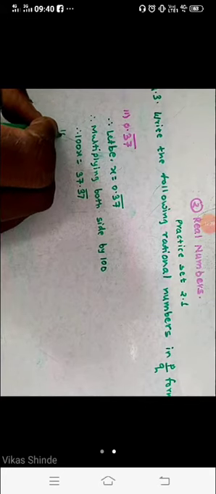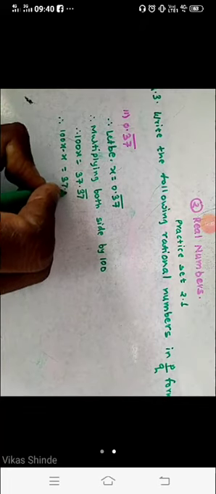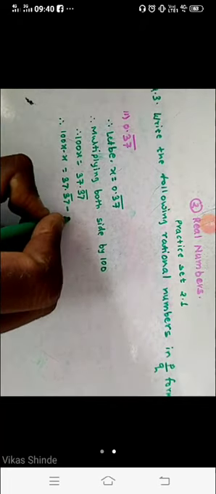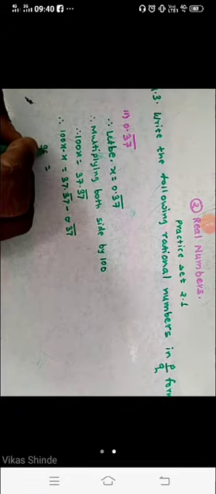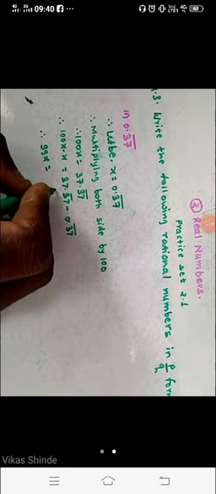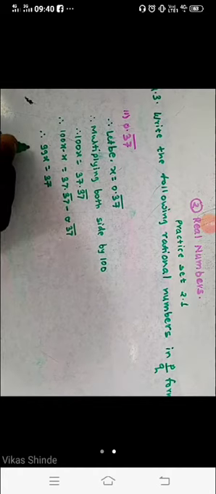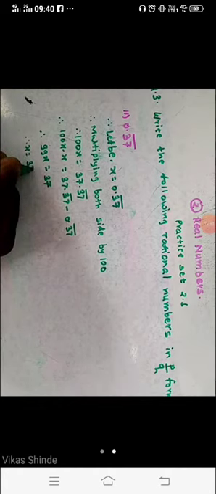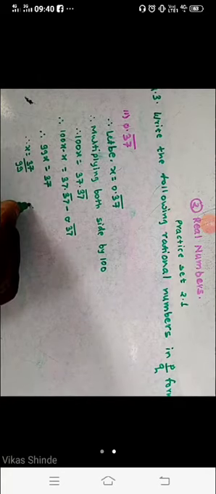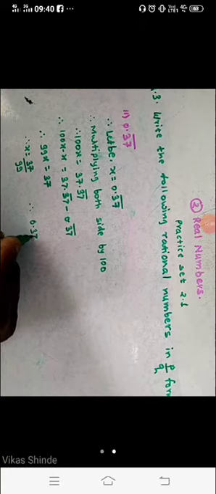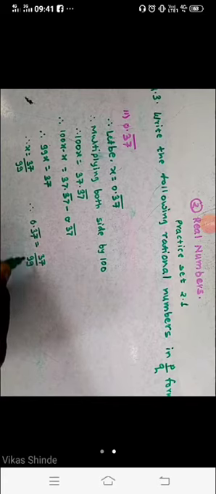So write here 100x minus x is equal to 37.37 bar minus 0.37 bar, is equal to 100x minus x becomes 99x, and that side 0.37 cancels, only 37 left. Shift that 99 now. Therefore x is equal to 37 divided by 99, means finally we have to write therefore 0.37 bar is equal to 37 upon 99.